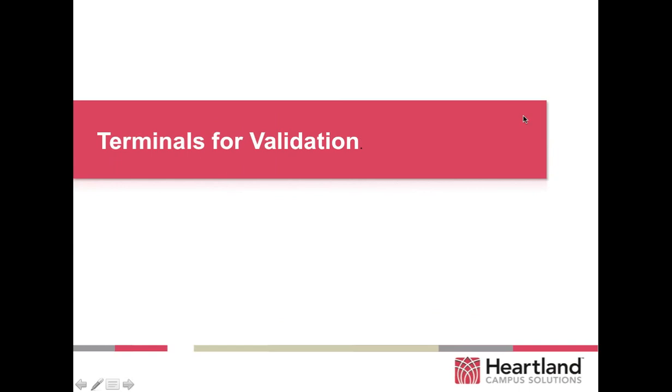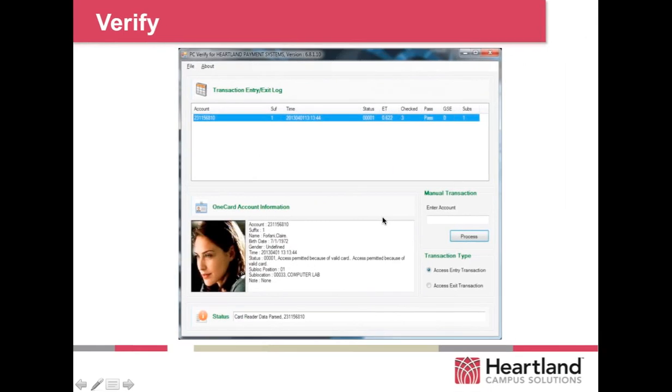An additional question that came in was regarding Verify, and we're going to touch on that right at this time. One tool that you can utilize to check the validity of a student, or do that activity privilege check that they have access for an event or service, is a product called Verify. It's a PC based software. It runs on any administrative terminal that you define within the OneCard system with an attached USB card reader, which could be mag stripe or contactless.